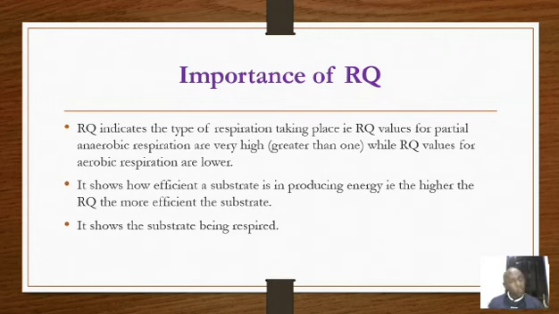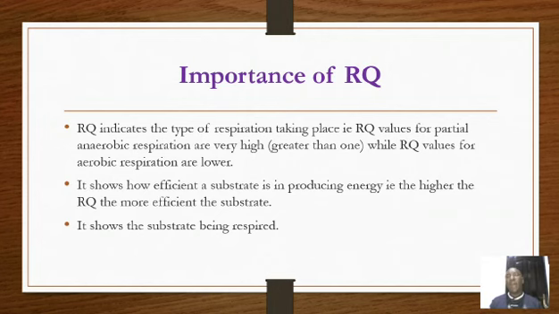Then RQ shows how efficient a substrate is in liberating energy. Remember, when we look at the carbohydrates compared to proteins, carbohydrates are more efficient in liberating energy, and they have an RQ of 1. Proteins have an RQ of 0.9.